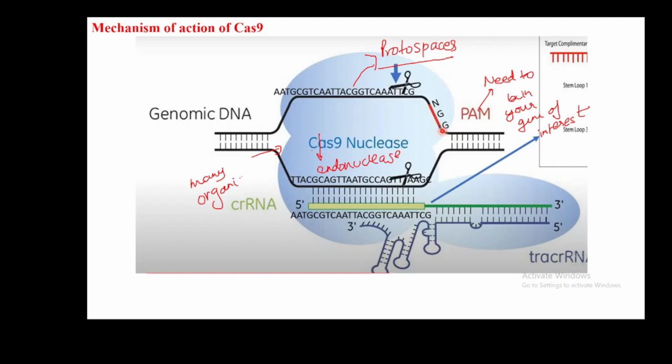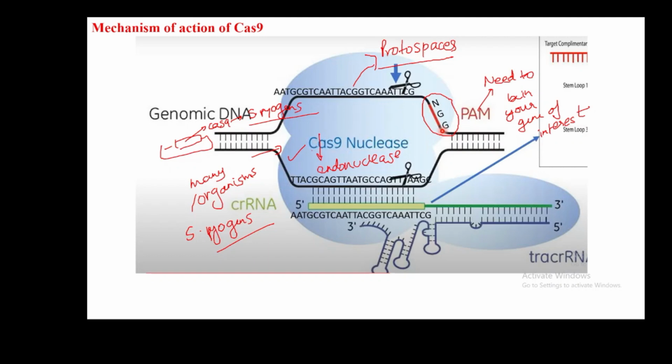The most common organism from which this protein is isolated is Streptococcus pyogenes. And if in your experiment you are using a plasmid in which the Cas9 is derived from Streptococcus pyogenes, it is necessary that the PAM is present, because this Cas9 will only recognize this particular sequence, which is NGG.